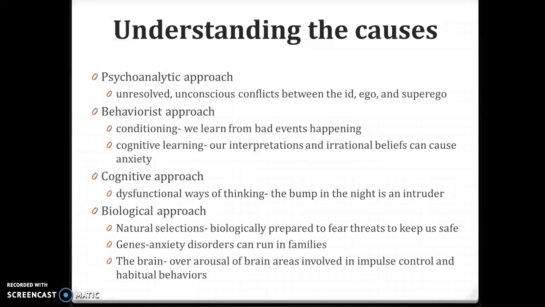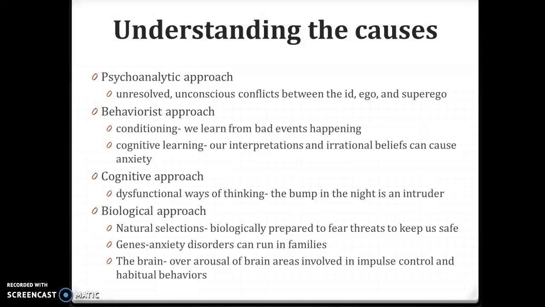The behaviorist approach would suggest that conditioning, so we learn from bad events happening, or cognitive learning, our interpretations and irrational beliefs, cause these different anxiety disorders.